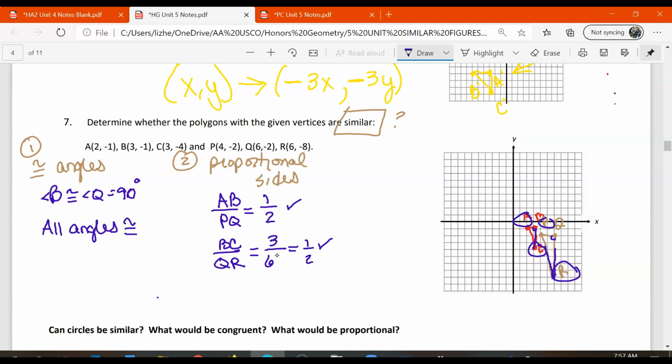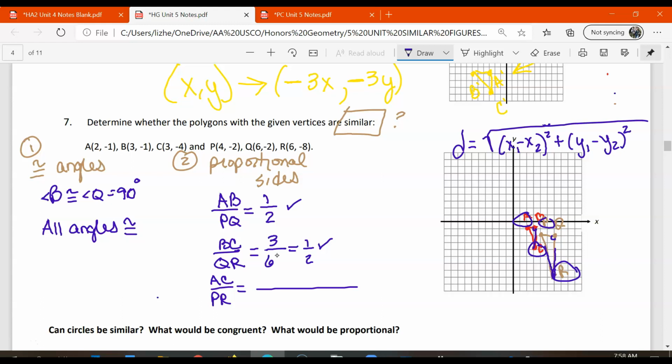But now we get to the interesting one, which is AC compared to PR. AC and PR are diagonals, and for those we're going to use the distance formula. Do you remember the distance formula? Distance equals the square root of x1 minus x2 squared, plus y1 minus y2 squared, all under the square root sign.